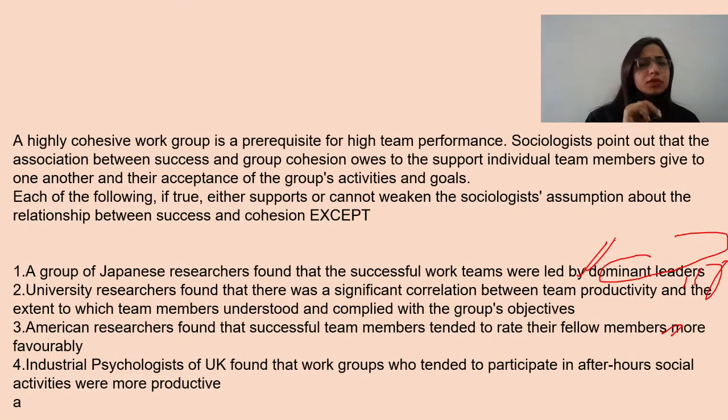Okay, so for surety and to be careful, let's check option 2. Option 2 says university researchers found that there was a significant correlation between team productivity and the extent to which team members understood and complied with the group's objectives.